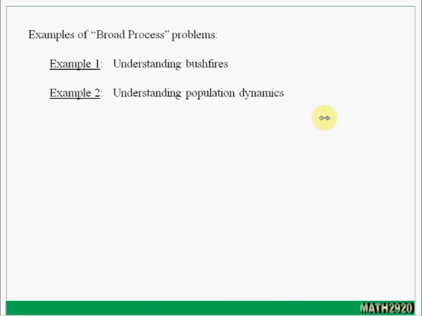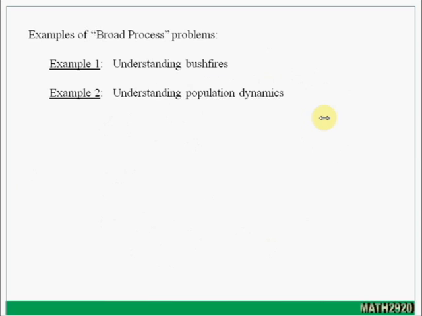Another example might be understanding population dynamics. What are the factors that might affect how a population grows or dies, and so on? This can be relevant to us as humans, the human population on Earth, or it could be relevant just to the bacteria living in a dish in the laboratory.